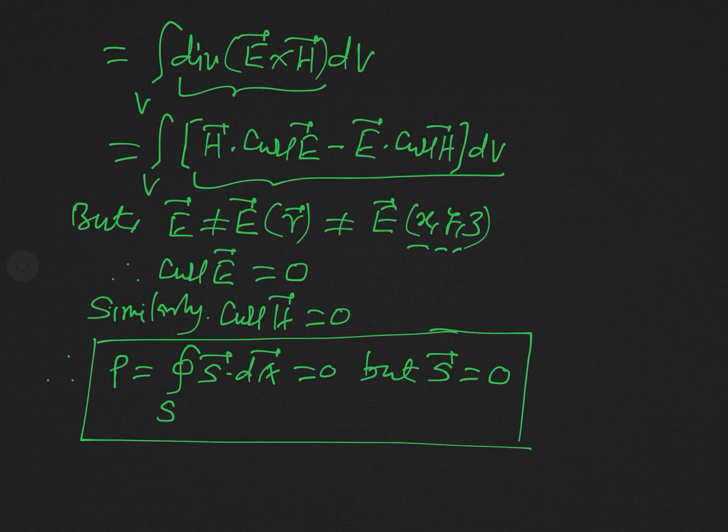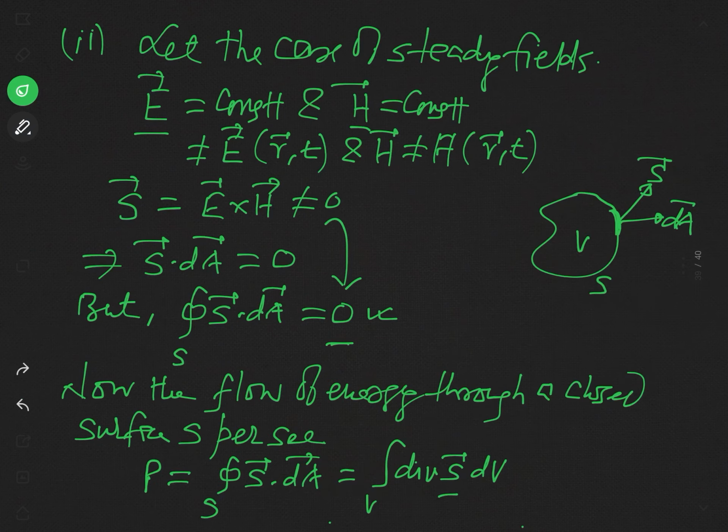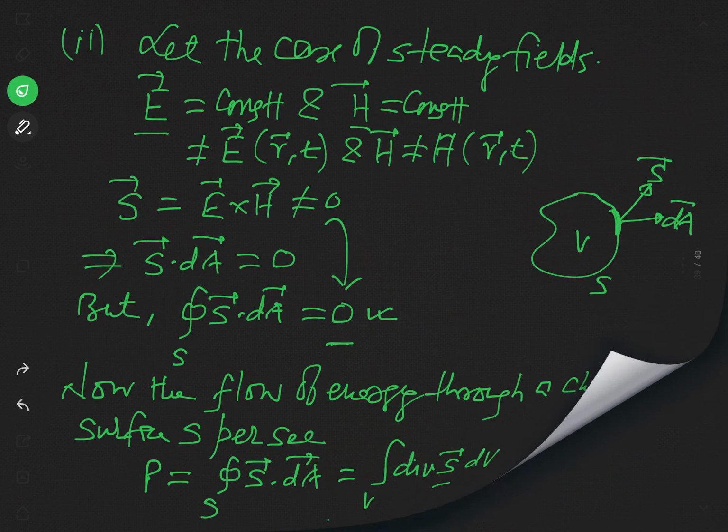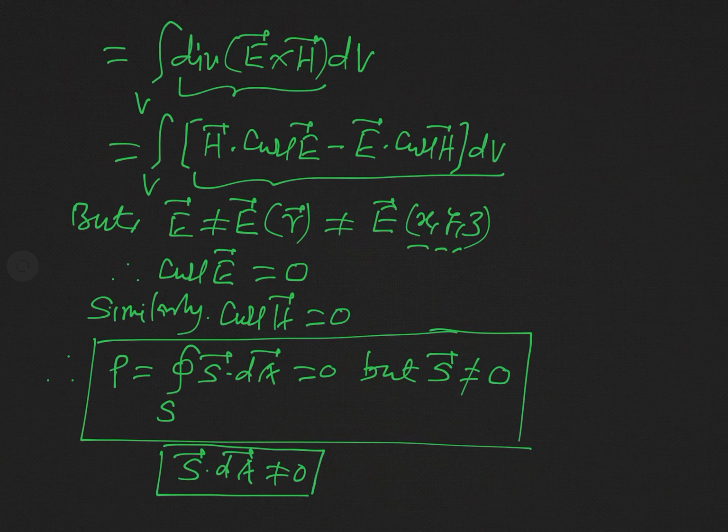And if the Poynting vector S were 0, then it is obvious that S dot dA will also be 0. But one thing is remarkable: in this case S dot dA is not equal to 0, but the integral of this quantity over a closed surface S is 0.